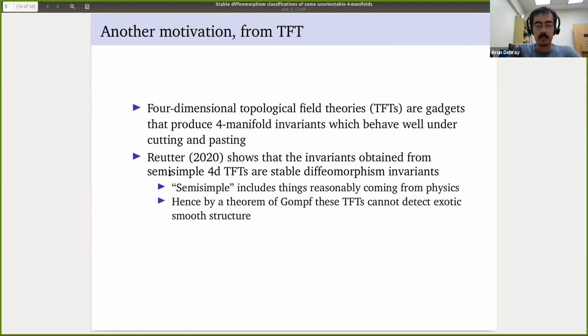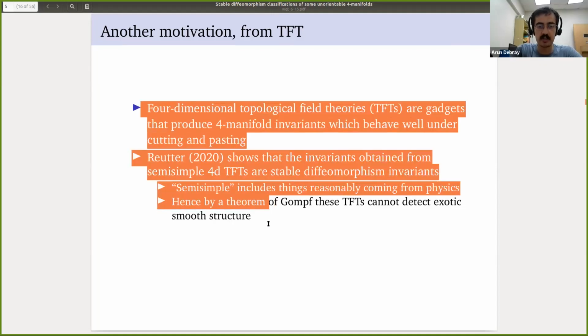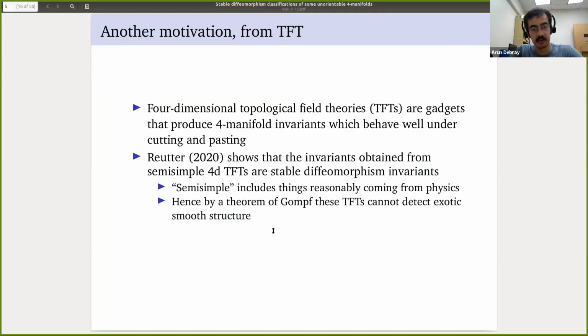Gompf has a theorem that stable diffeomorphism invariants cannot detect exotic smooth structures. So if you were interested in using topological field theories to detect exotic spheres, maybe the big one, but also other exotic 4 manifolds, you're now out of luck. Well, okay, in this whole story, we've put orientations on our manifolds for Gompf's theorem and Reutter's result.